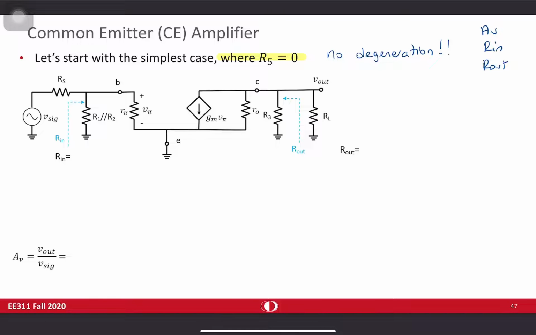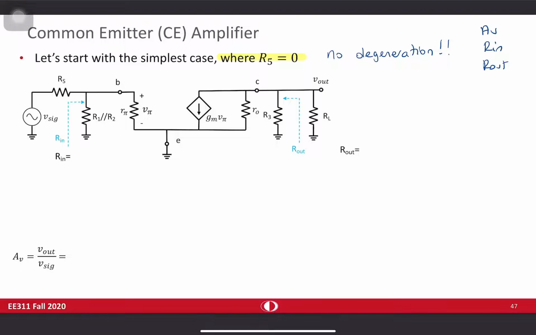And for Rout, again, you exclude RL. RL is the load determined by the customer or end user. You shouldn't take it into account for the Rout calculation. Rout is given from here. And I check R0. When I look at R0, one end is grounded, so it's not problematic for mathematical calculation, so I don't need to ignore it at any time.